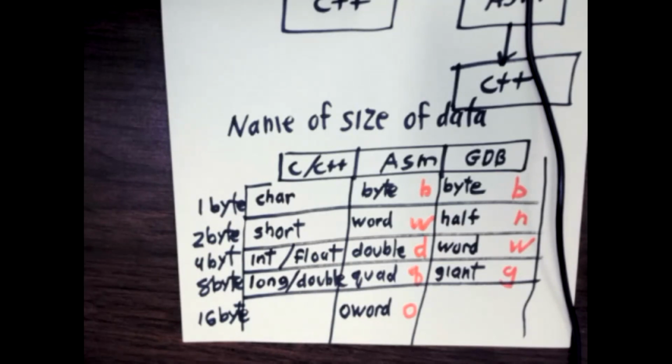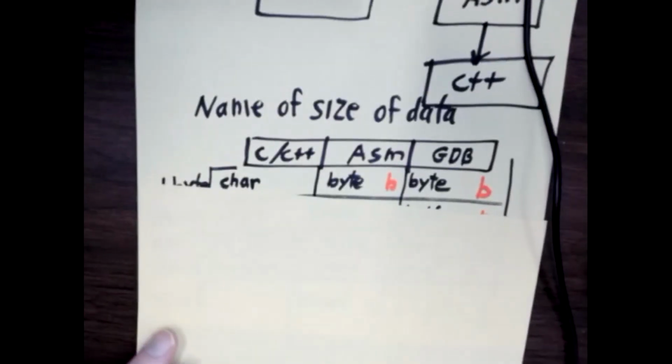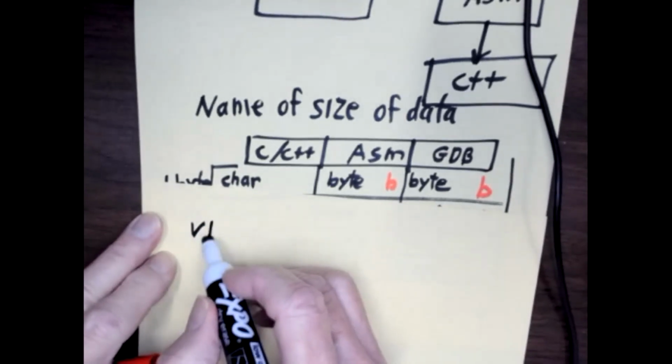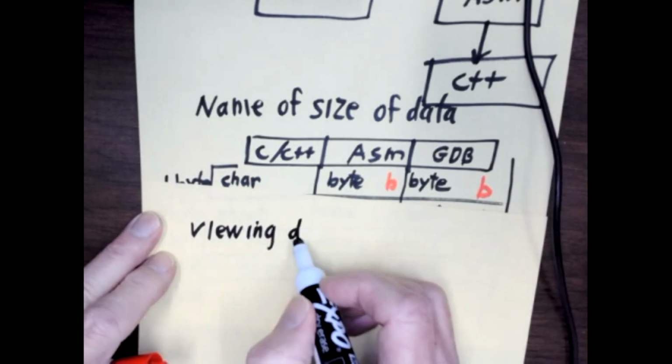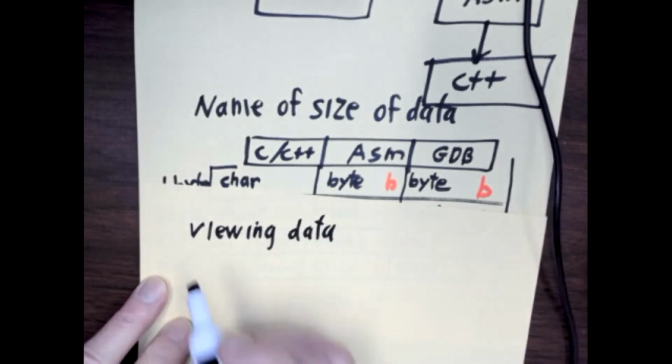Okay, so something else. Okay, here just to refresh your memory, it was way back before the spring break. For looking at data, I'll call it under the category of viewing data. There's two ways.